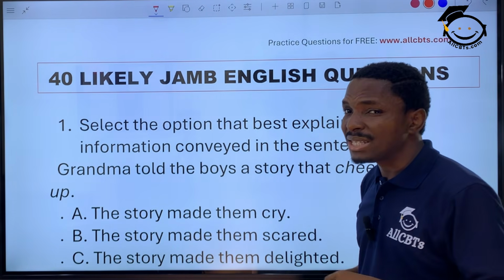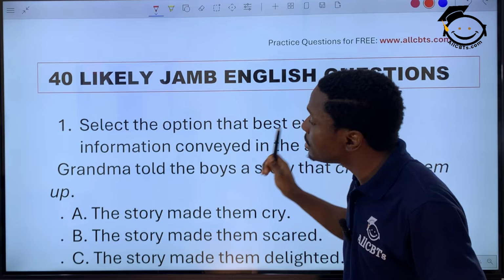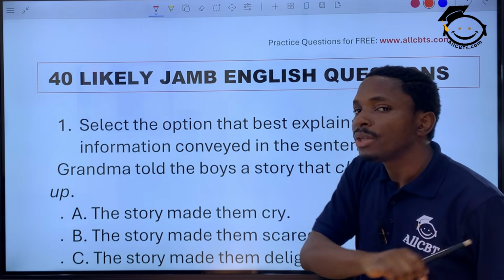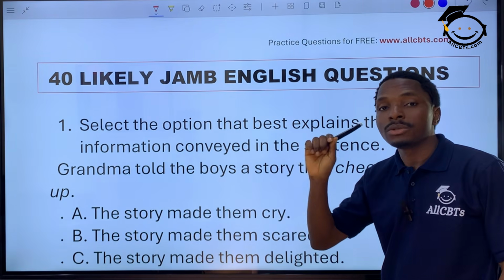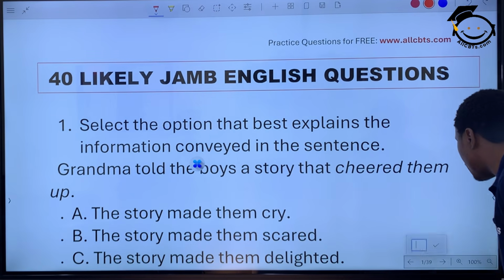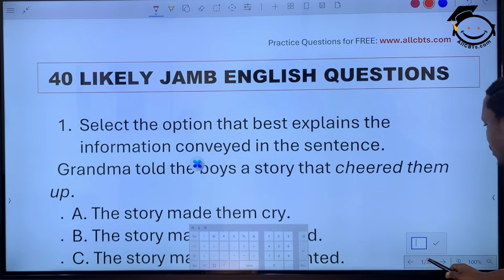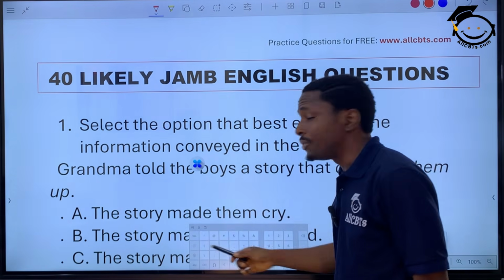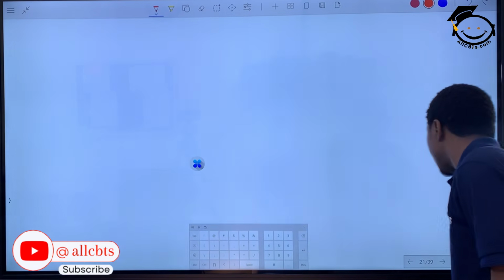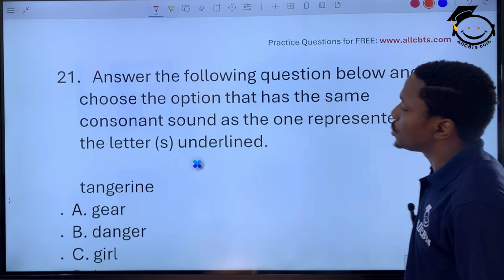We shouldn't waste further time. Like I said, we stopped at question 20 in part 5A, and we're going to start from 21 to the end. So I will just jump to 21 from this part because we've taken all of this already, which is why I said you need to go into the channel to locate those questions.